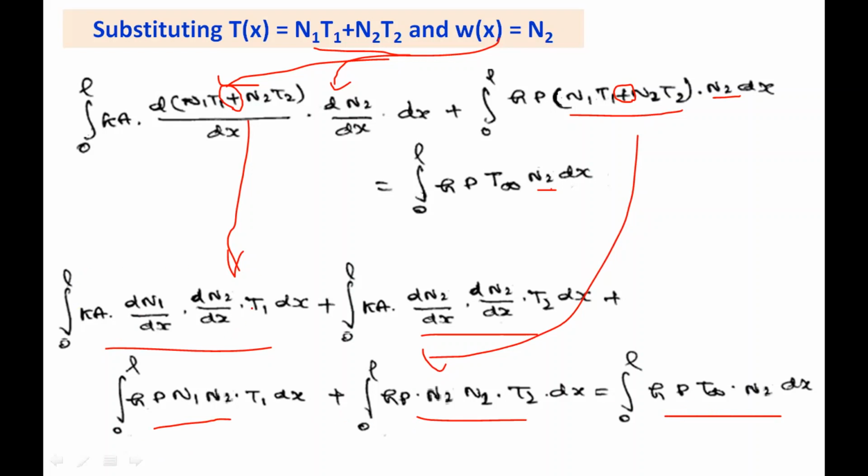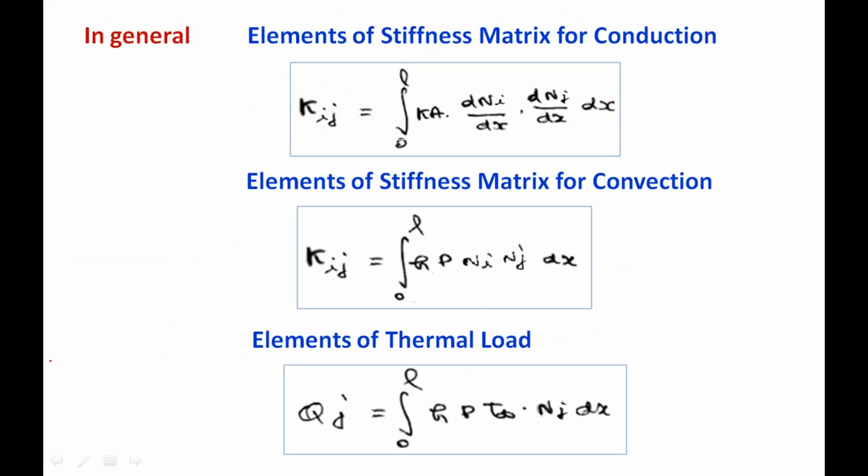These are the notations used, 1 and 2 for node 1 and node 2, but we can say in general what the element of the stiffness matrix for conduction is. First, this is the 1 2 element, similarly here the 2 2 element. So in general we can say the elements of the stiffness matrix can be written like this: Kij is equal to integral 0 to L Ka dNi by dx dNj by dx dx, where i and j vary from 1 to 2.